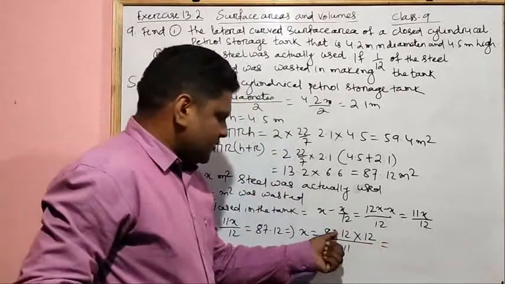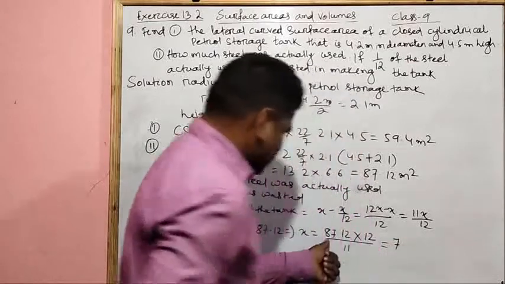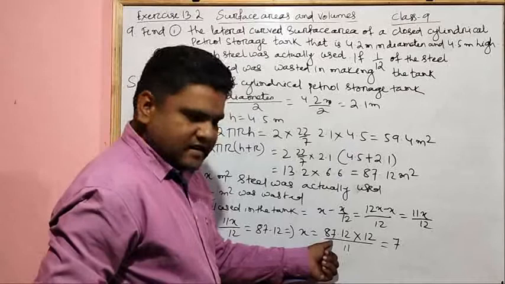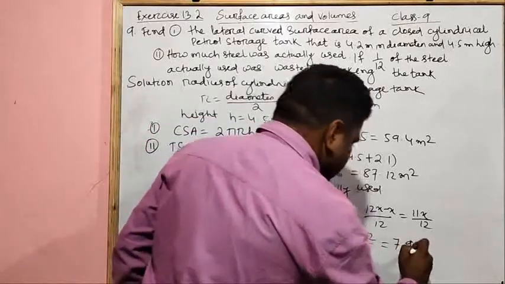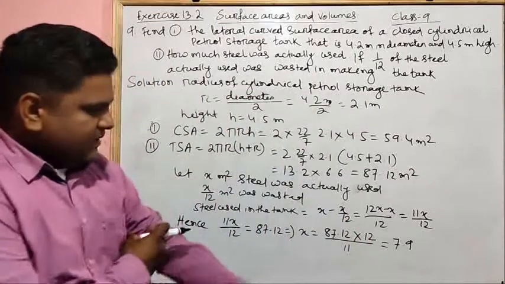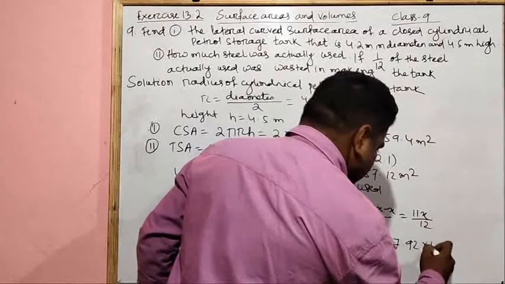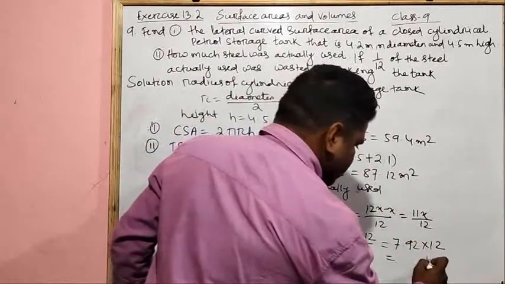11 can be cancelled with this one. 87 minus 77 is 10 and 101, it will be 9. 11 into 9 is 99, remaining is 2. So 22 by 11 is 2 into 12. It will be 12 into 2 is 24.